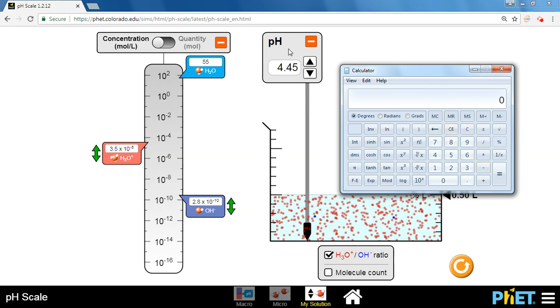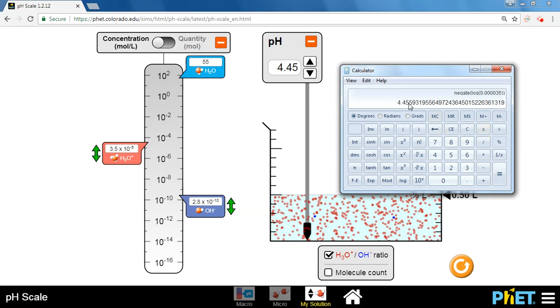So remember, the pH formula is pH is equal to the negative log of the hydrogen ion concentration. So you would say 3.5 exponential negative 5, and you take the log value of that. And because the formula says it's a negative log, we remove that minus sign by multiplying by a negative.